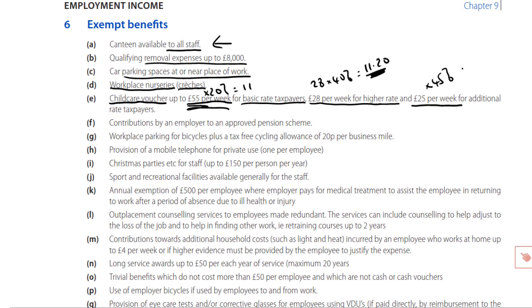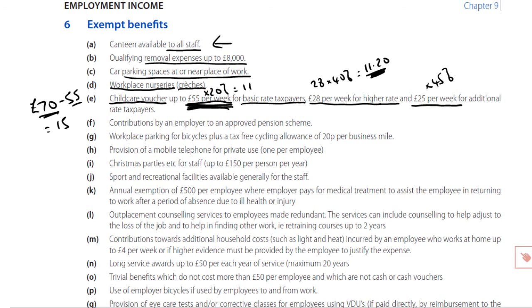The way that it then works in an exam question, you might be told the taxpayer is a basic rate taxpayer and is provided with £70 per week worth of childcare vouchers. That means the exemption is 55, actual 70; 70 minus 55 is £15 a week.